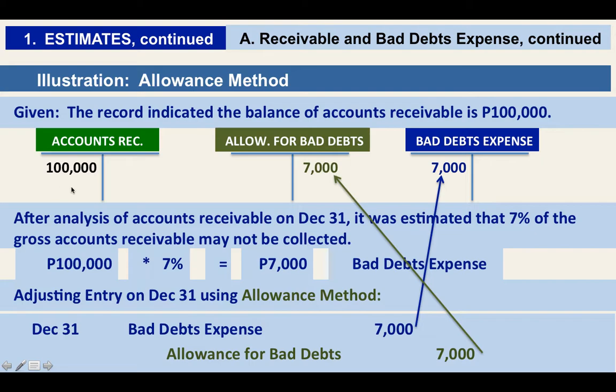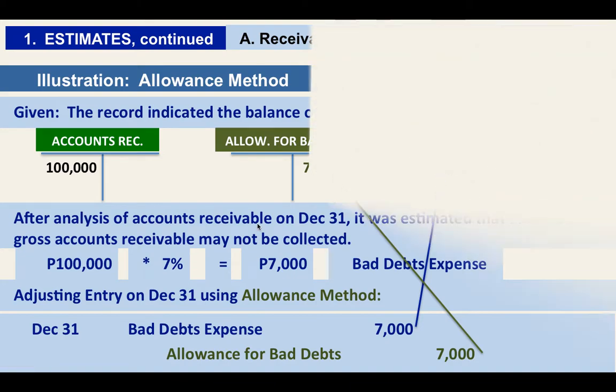This is your accounts receivable gross. To compute your accounts receivable net, you deduct the allowance for bad debts from accounts receivable gross.